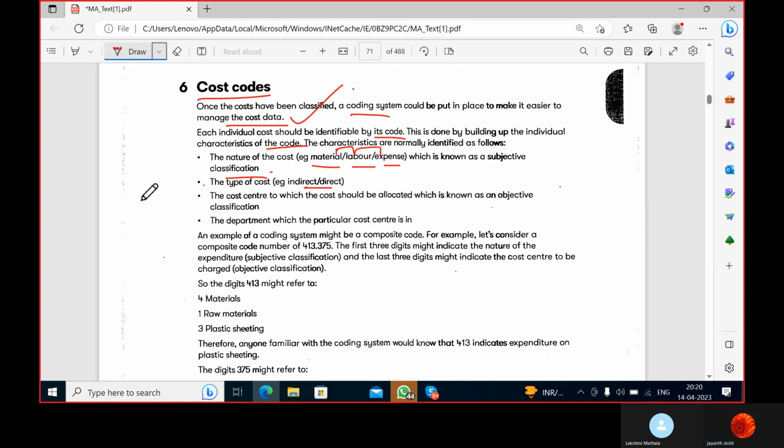That means we have different types of cost, and we have cost centers which take notice of all these costs. The specific cost centers would also be there, so we will see which cost center the cost has to be allocated to. Then the department which the particular cost center is in.